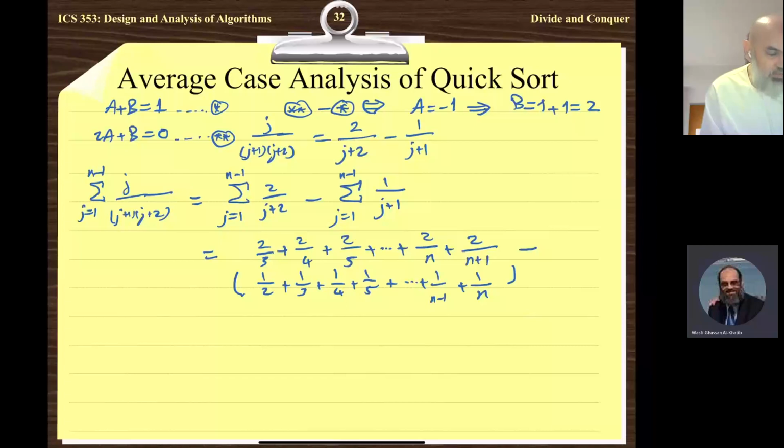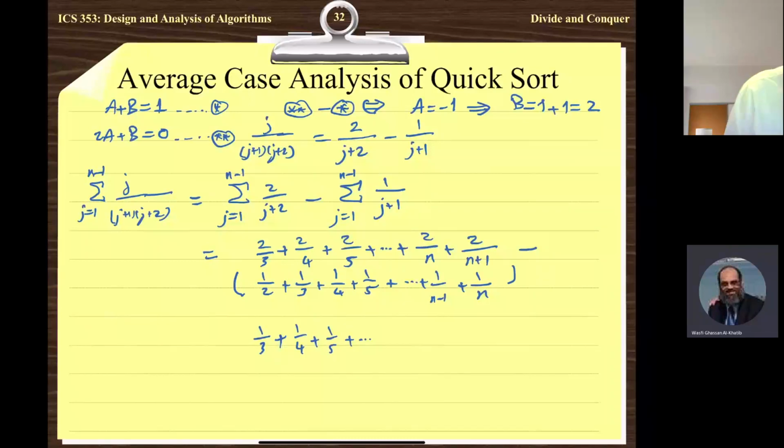Okay, so now look at the summation. Do you notice that there are things that cancel out? Like, for example, we have 2/3. 2/3 minus 1/3 is what? It is 1/3. So this is 1/3 plus 2/4 minus 1/4, this is 1/4. 2/5 minus 1 over 5, this is 1 over 5.